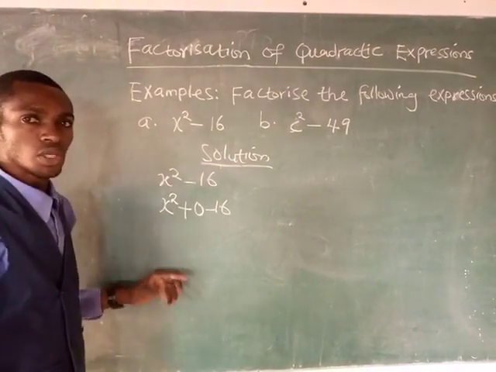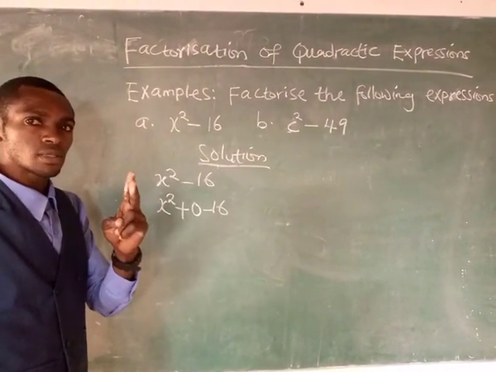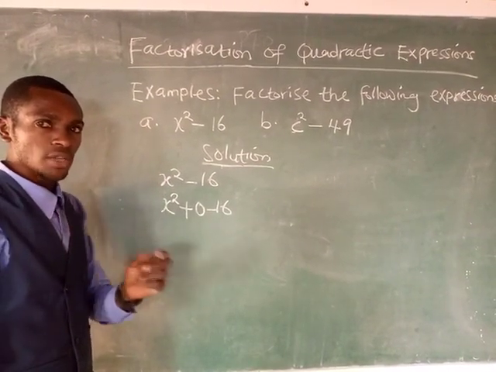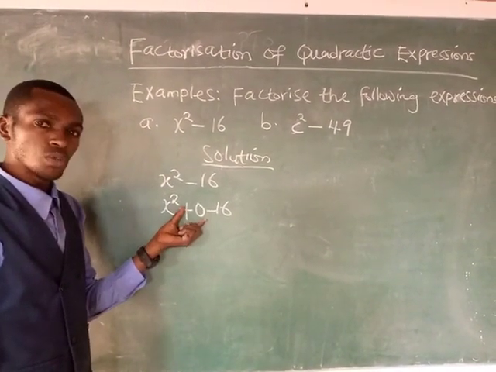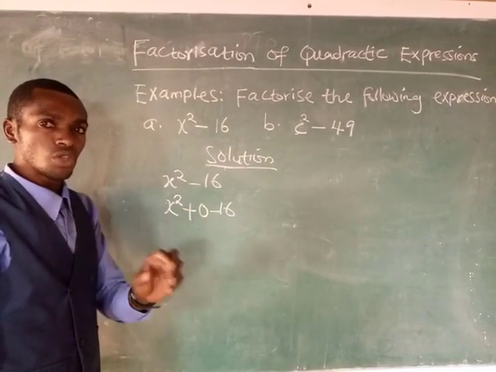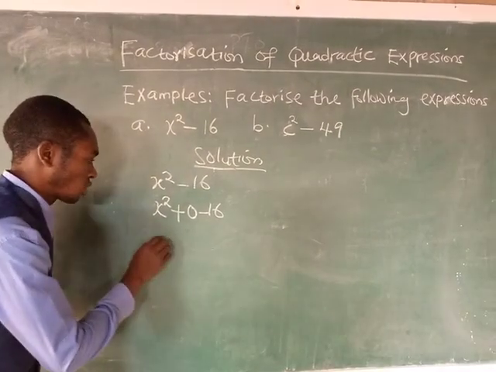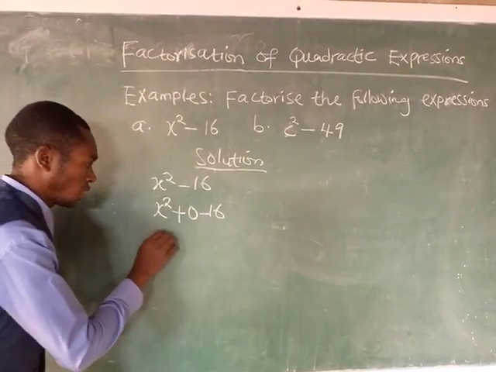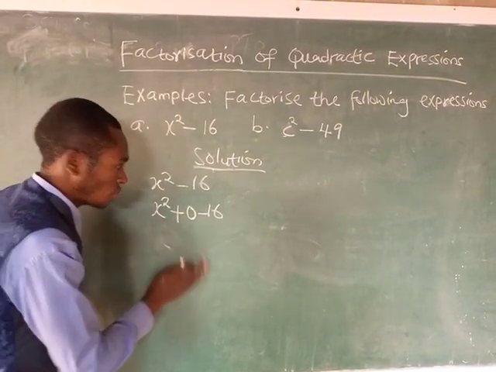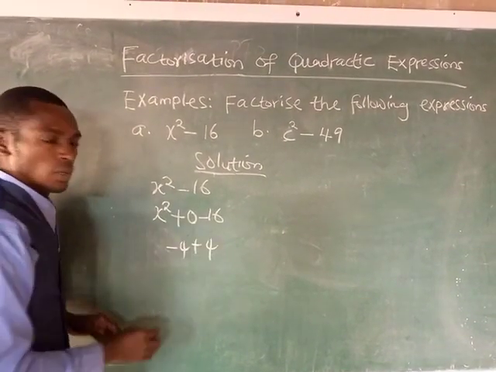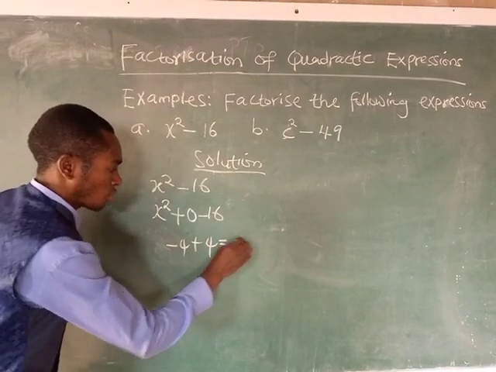Now, the next thing to do is look for two numbers, two factors, that when you add them, the answer will be 0, and when you multiply them, you get minus 16. If you do that, you are going to discover that the two factors will be minus 4 and plus 4, because minus 4 plus 4 is 0.